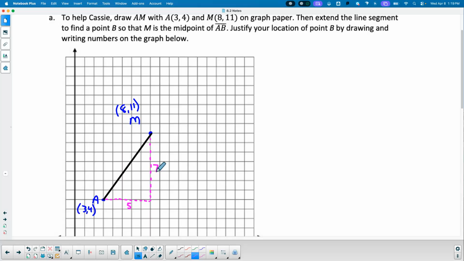So I'd have to go 1, 2, 3, 4, 5. 1, 2, 3, 4, 5, 6, 7. So you're telling me that B is right there? You think so? Does that work?